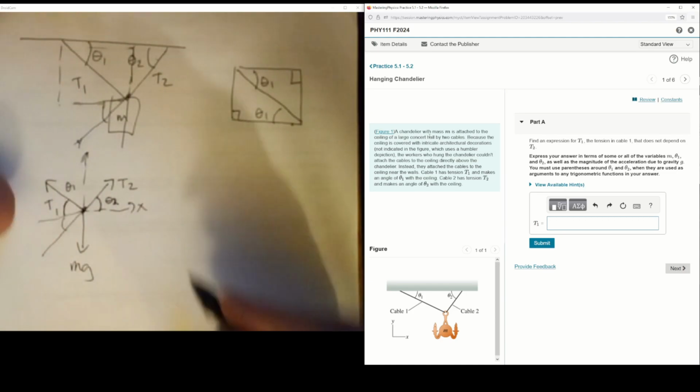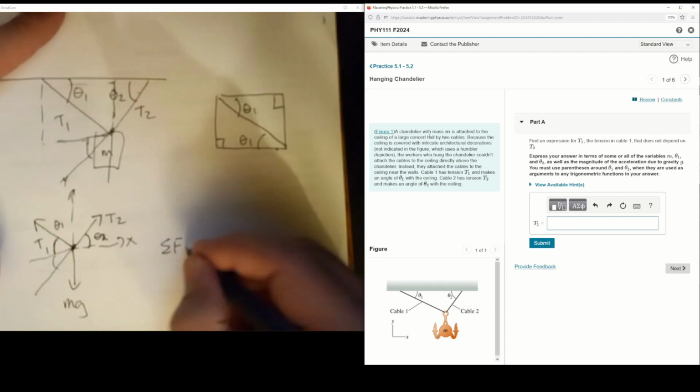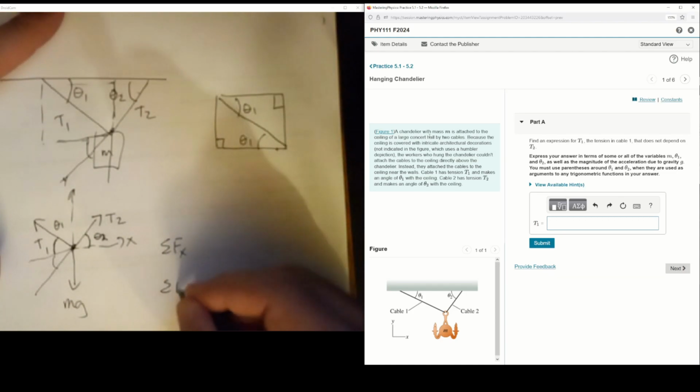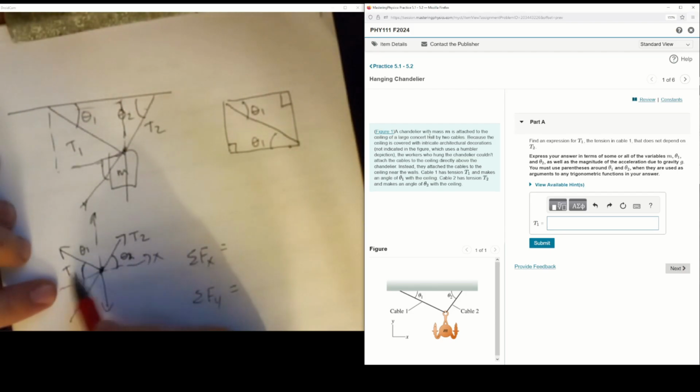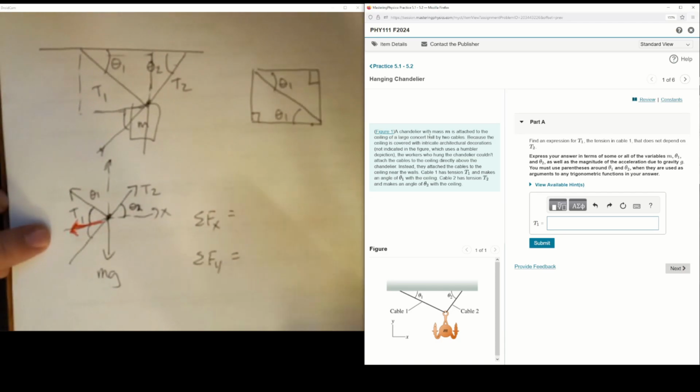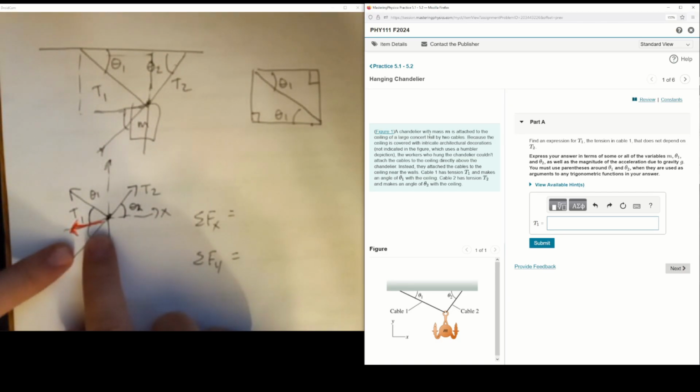So here's where we're going to start summing our forces together in the x and y direction. And see if I can get a red pen here. So we're looking for the x direction. So I'm just going to start with this left one, T1. Here is the x direction. It's this component right here. That's the x component of tension 1. It's the adjacent leg of the triangle.